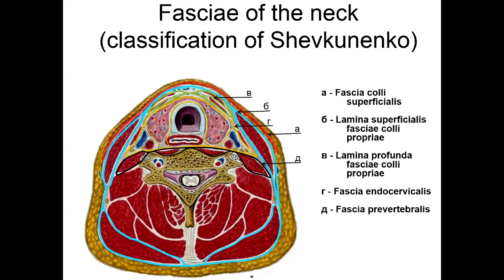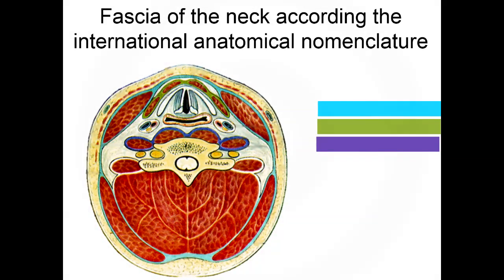But you know, there are always different classifications. We can say that this classification of Shevkunenko is the pride of the Russian anatomist school. But also there is a more simple classification, for example, classification according to international anatomical nomenclature.